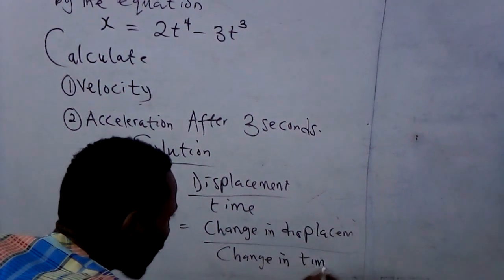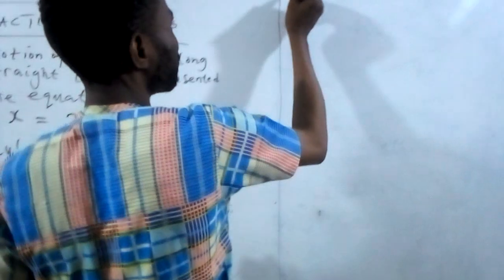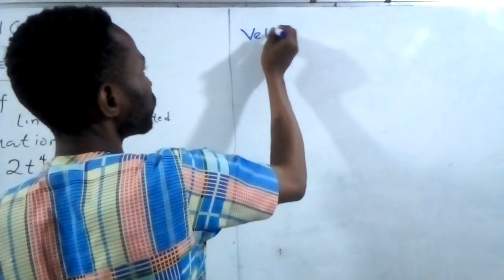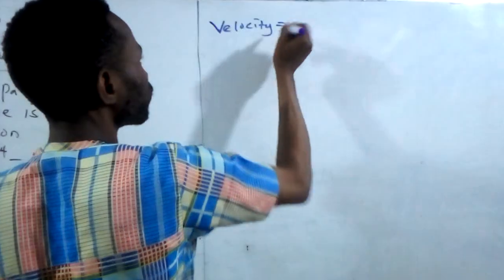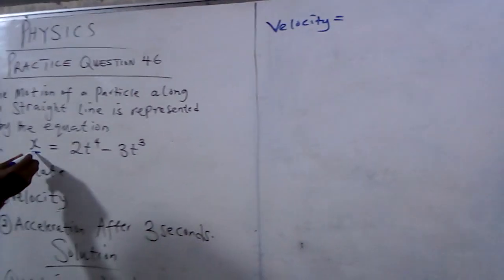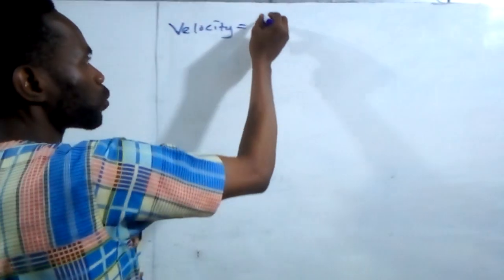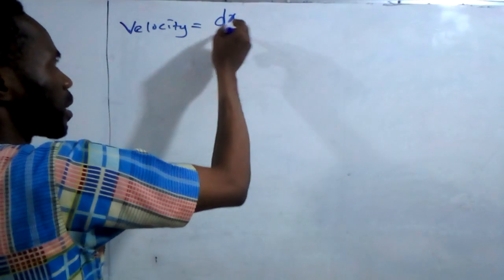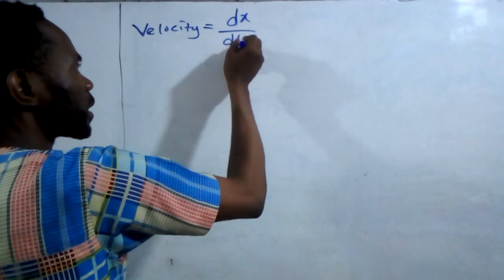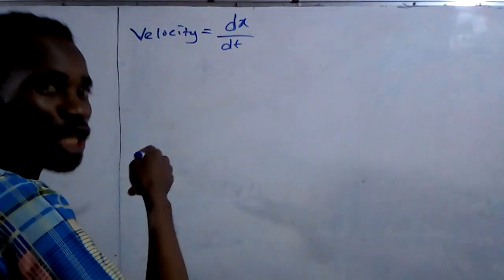Now we use the illustration that the velocity is equal to change in displacement, and the displacement in this case is s. Look at it from the equation. So the velocity will be equal to ds all over dt, the change in displacement all over change in time.